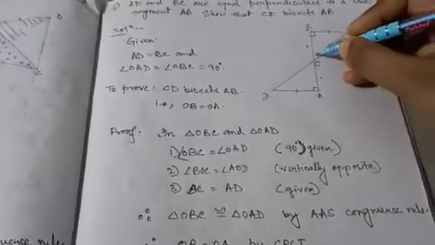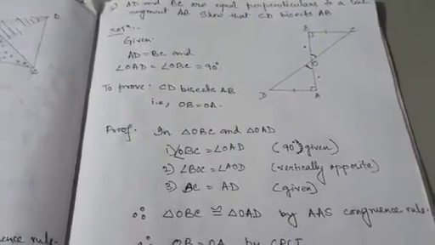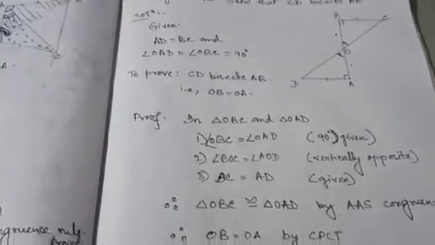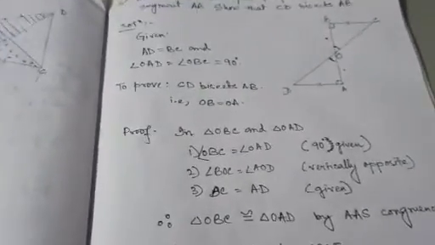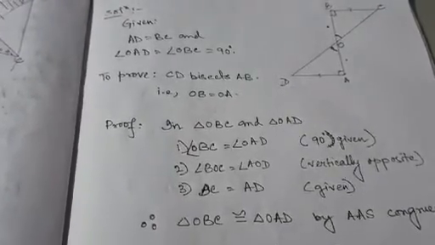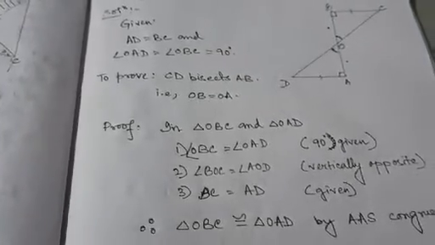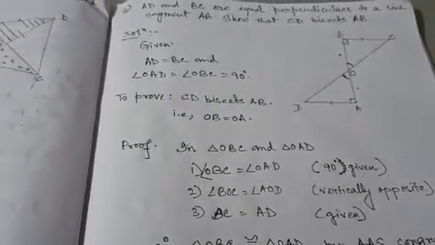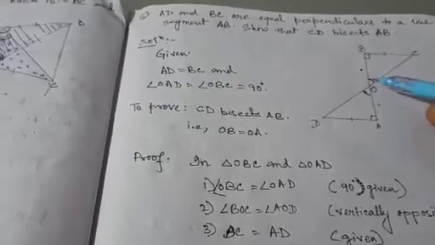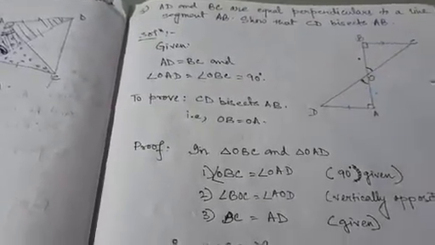The reason is they are vertically opposite angles. We have practiced this property in lines and angles. So we are using the concept from lines and angles. So angles BOC and AOD are vertically opposite.